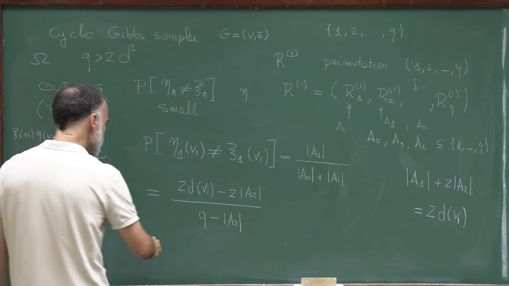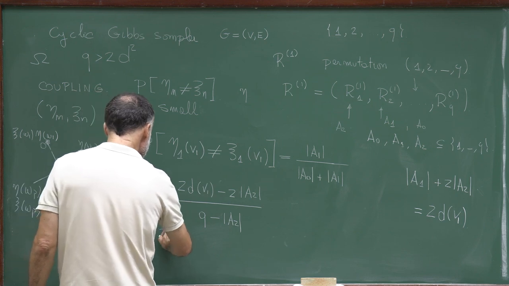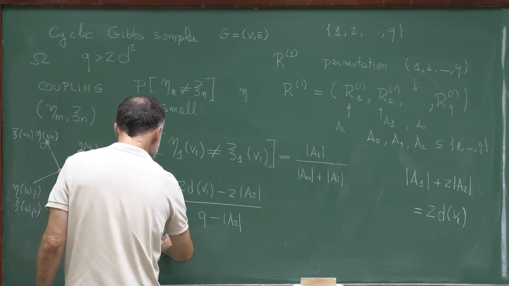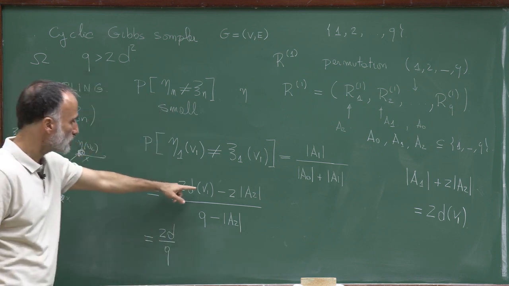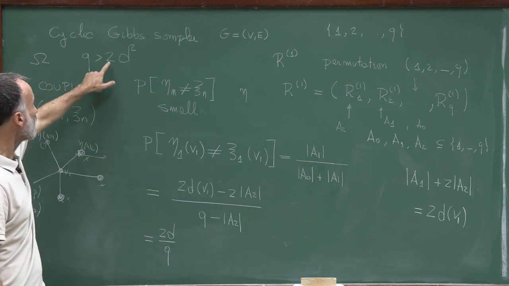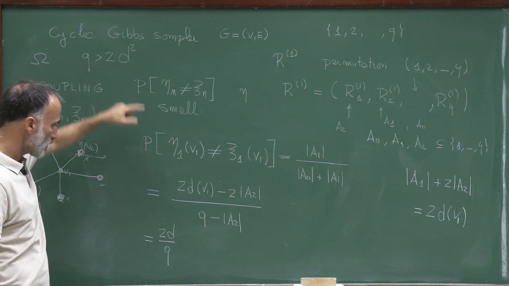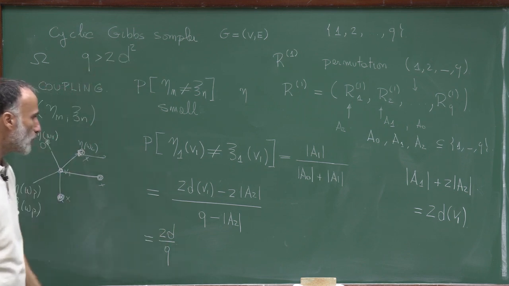And now I can rewrite this as 2D divided by Q, and mind that because dV1 is bounded by D, and mind that Q is larger than 2D squared, so this is bounded by 1.